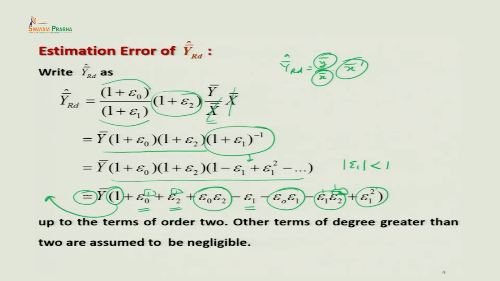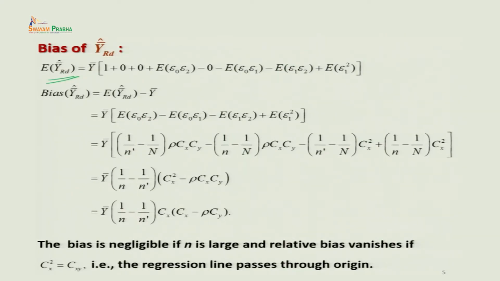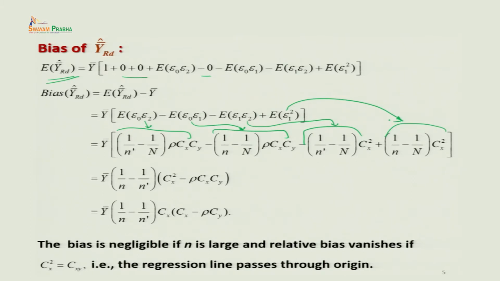So, now I simply substitute those values over here. These values become 0, and I substitute these 4 values. This is the value of the expected value of epsilon 0 epsilon 2, this is the value of the expected value of epsilon 0 epsilon 1, this is the value of the expected value of epsilon 1 epsilon 2, and this is the value of the expected value of epsilon 1 square.